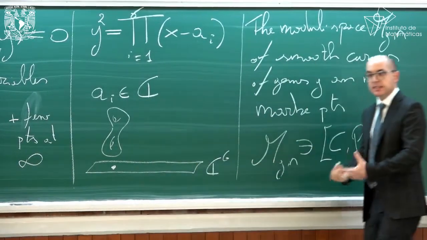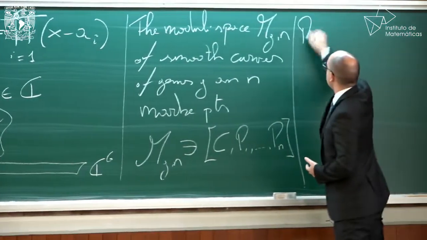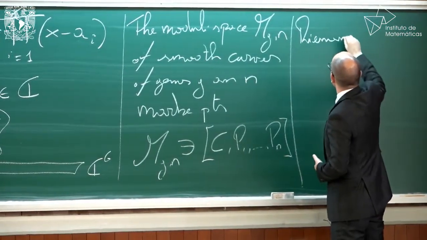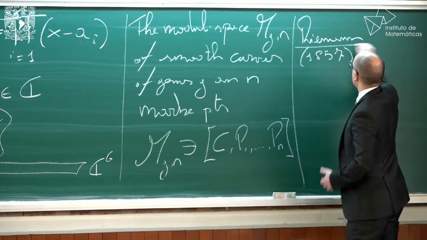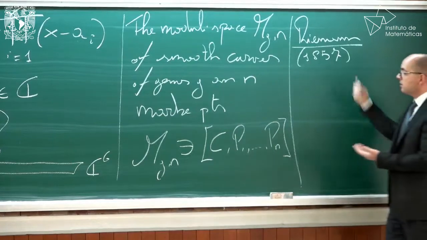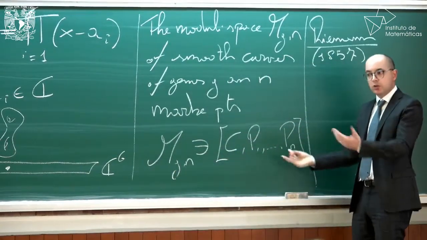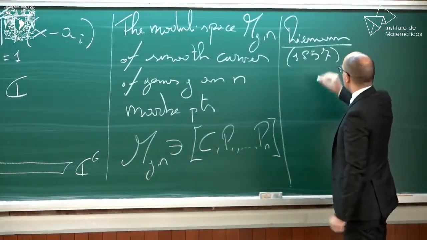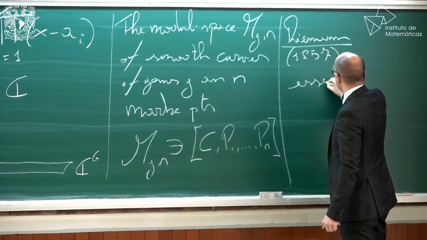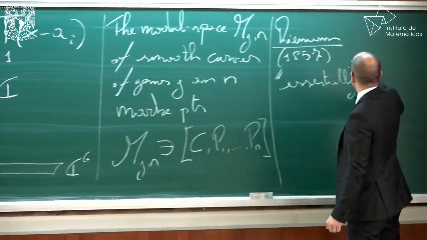Now, what is important is that this object was first introduced by Riemann from 1857. And Riemann knew that this is not just a set. It's not just the set of isomorphism classes of curves with these marked points, but it has a richer structure. Let me write down a first approximation of the correct answer.